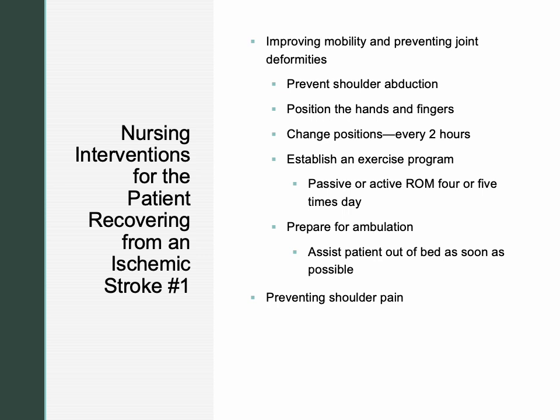Changing positions every 2 hours, establishing an exercise program, passive or active range of motion at least twice a day, but really more like 4 or 5 times a day. Prepare for ambulation, get them out of bed as soon as possible, and again, preventing that shoulder pain that seems to be indicative and goes along with that ischemic stroke.